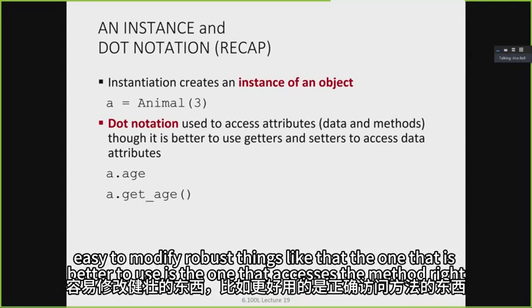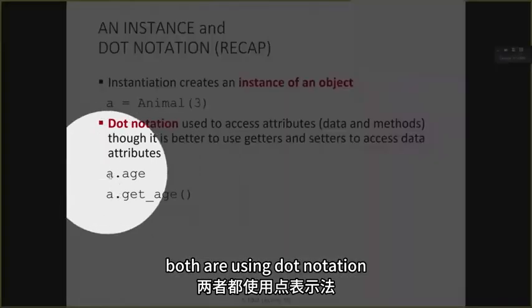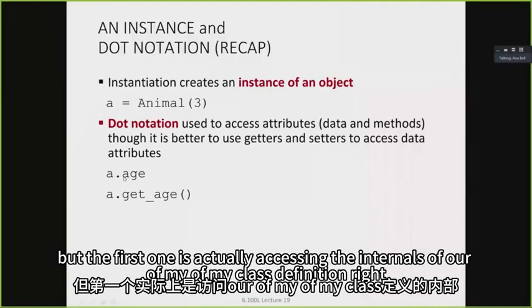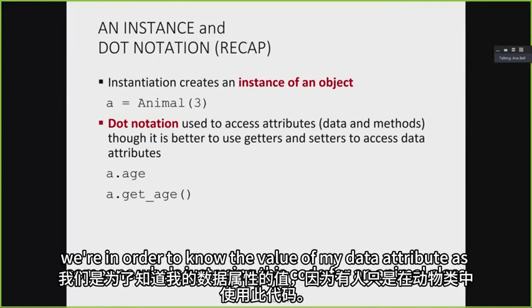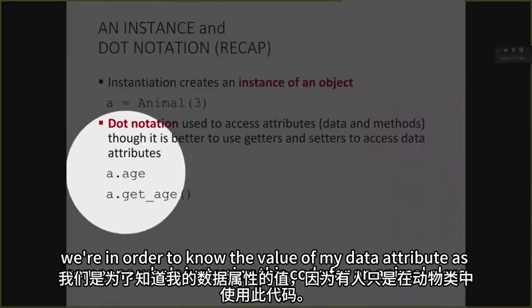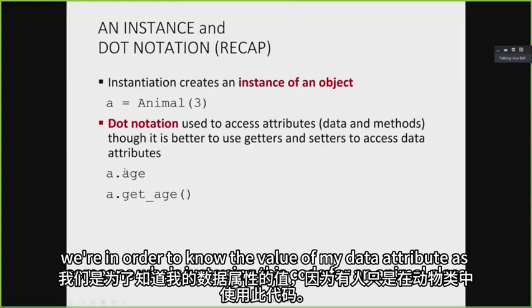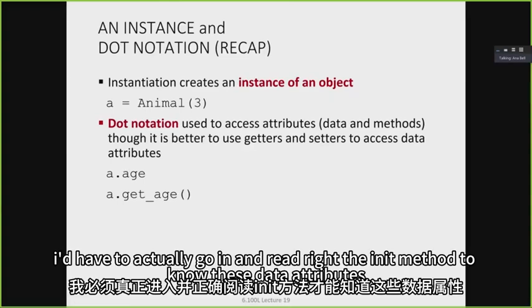The one that is better to use is the one that accesses the method. Right? Both are using dot notation, but the first one is actually accessing the internals of my class definition, right? In order to know the value of my data attribute as someone who's just using this code for an animal class, I have to actually go in and read the init method to know these data attributes that are being initialized.